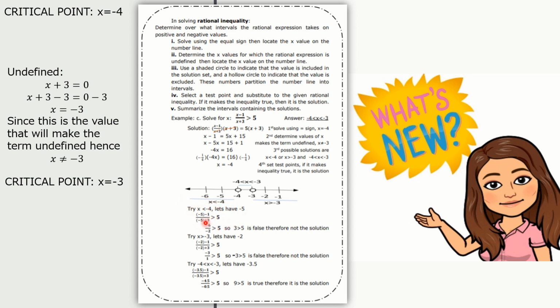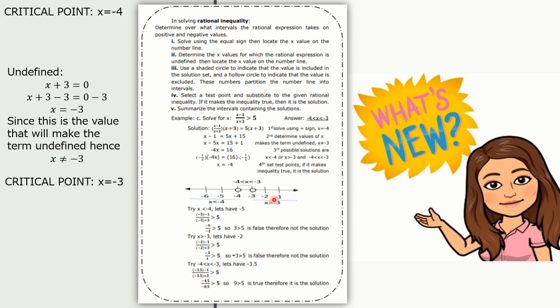Substituting it into the rational inequality, (negative 5 minus 1) over (negative 5 plus 3) is greater than 5. We get negative 6 over negative 2 is greater than 5. So we have 3 greater than 5, which is false. Therefore, this interval is not part of the solution.